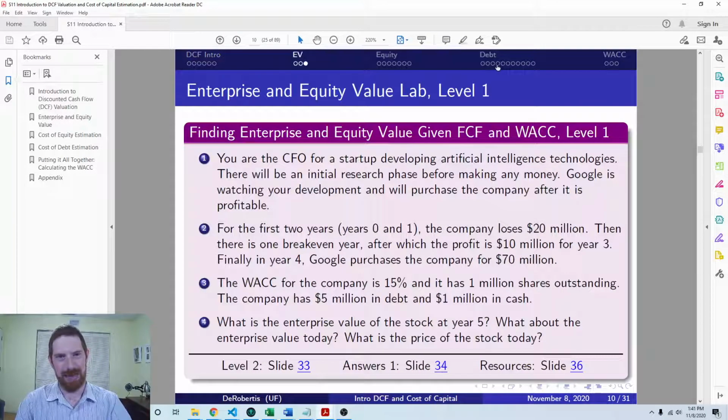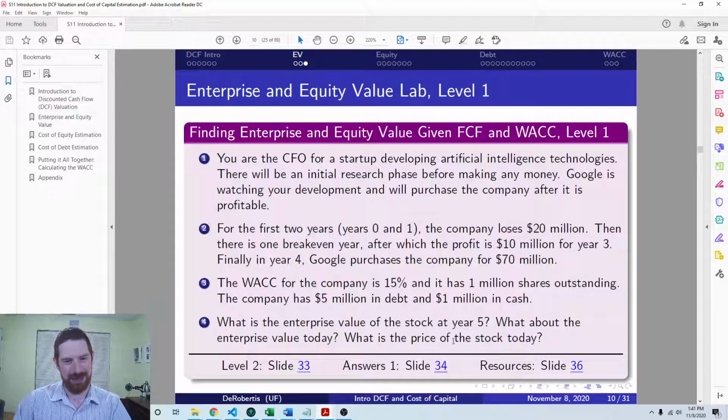And then the lab exercise on this. There are two different exercises involved here. In this first one, you have some cash flows, and you're basically trying to figure out what is the enterprise value. You have cash flows, and you also have a weighted average cost of capital.